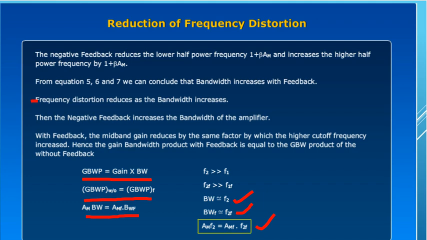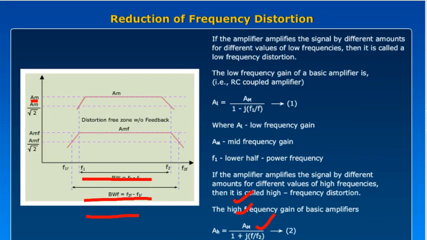To get a better idea of this frequency distortion, you should solve it with paper and pen. After substituting and solving equations 1 and 3 and equations 2 and 4, we get these values.